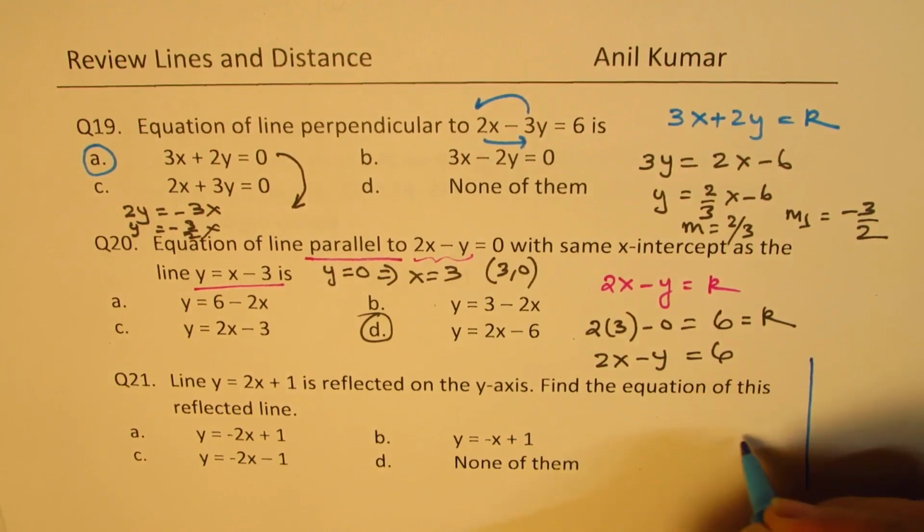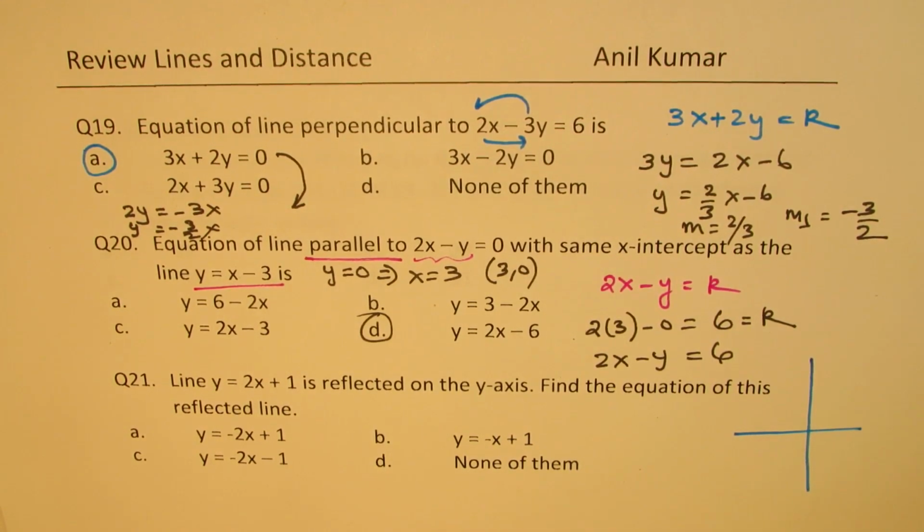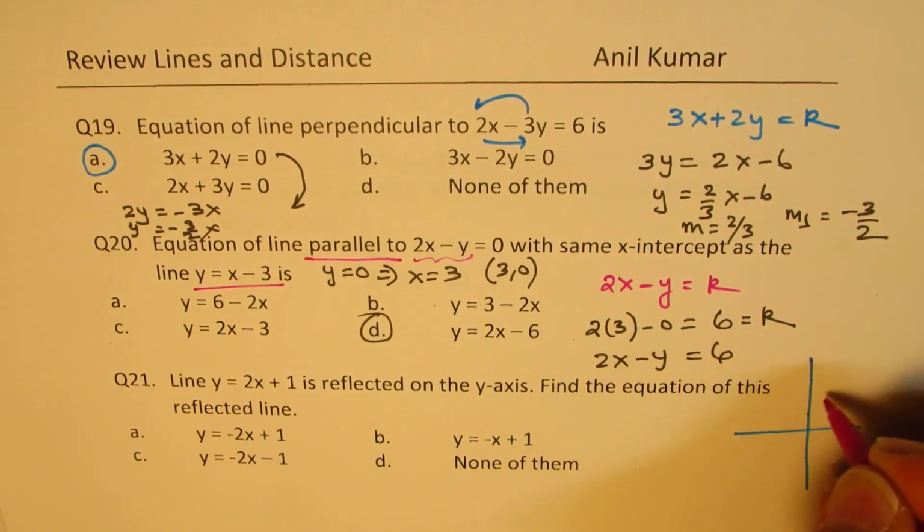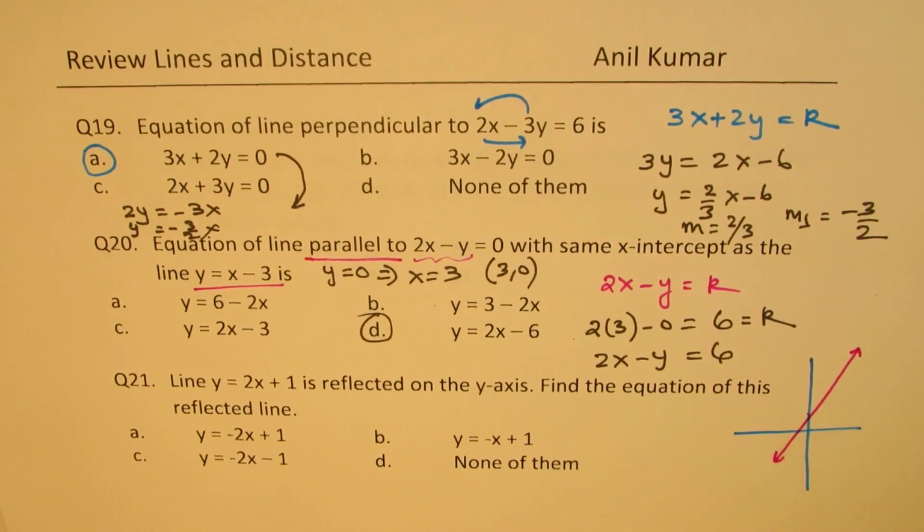So what we have here is something like this. 2x plus 1 means from 1, slope of 2. So the line is going like this. Correct? So that is the line where this point is 1. Now since slope is 2, we can get another point.